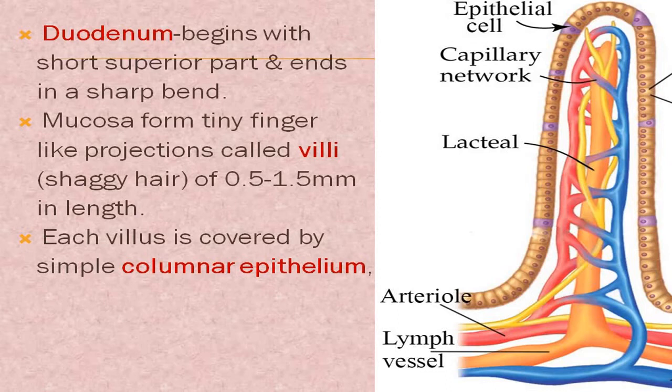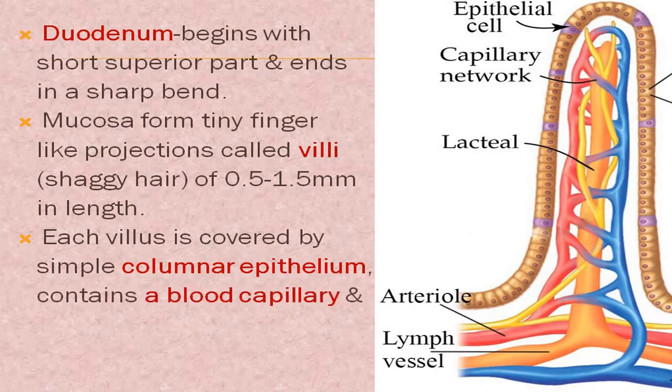Remember, columnar epithelium is the innermost lining of the mucosa. So this mucosa actually folds to form these finger-like projections called villi. So the innermost lining of villi is this columnar epithelium.